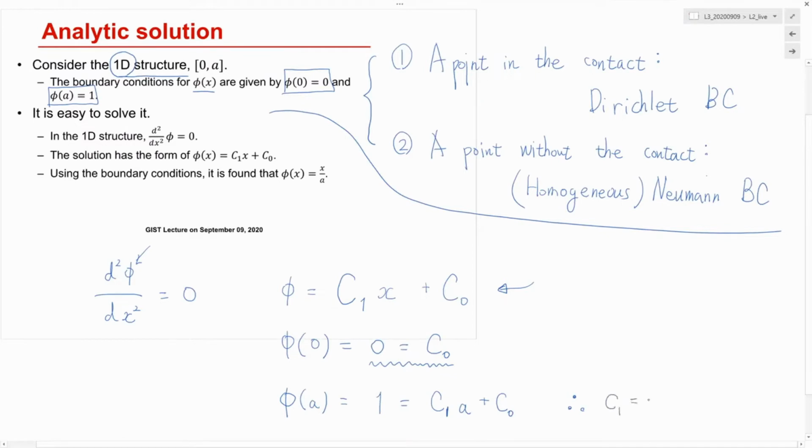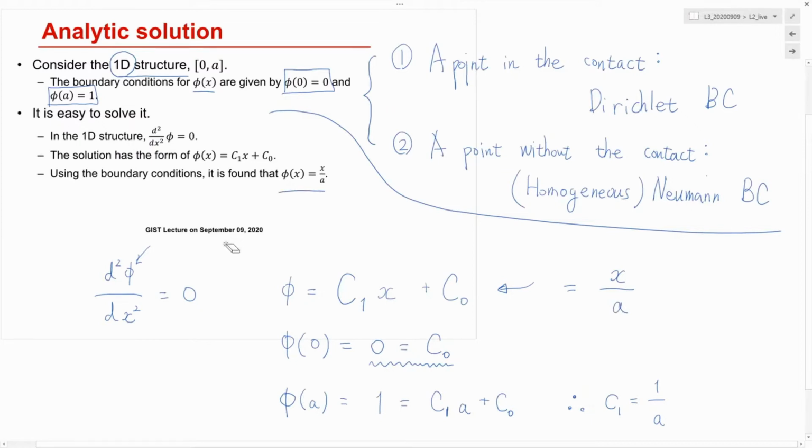So C1 is equal to 1 over A. By collecting this information, eventually we have phi given by x over A. So phi becomes x over A.